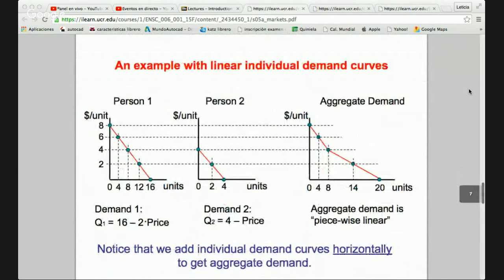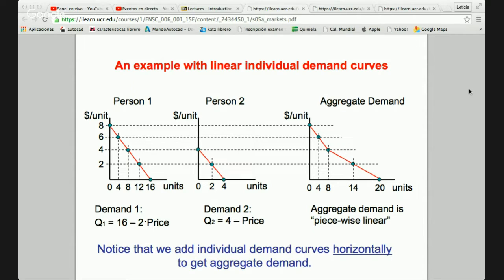Sorry. Okay, so this slide talks about aggregate demand, and the reason why there are so many lines in here is because when we are talking about demand for a normal good, we're going to sum up horizontally.